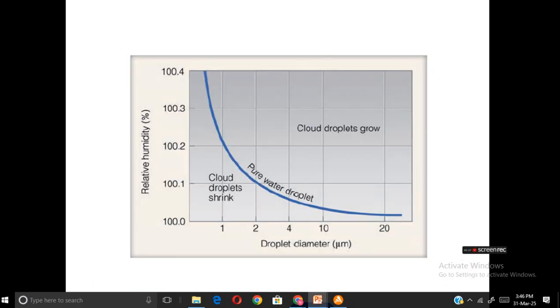So you see this figure. It basically shows the droplet diameter and the supersaturation level or relative humidity for the cloud droplet to remain intact.